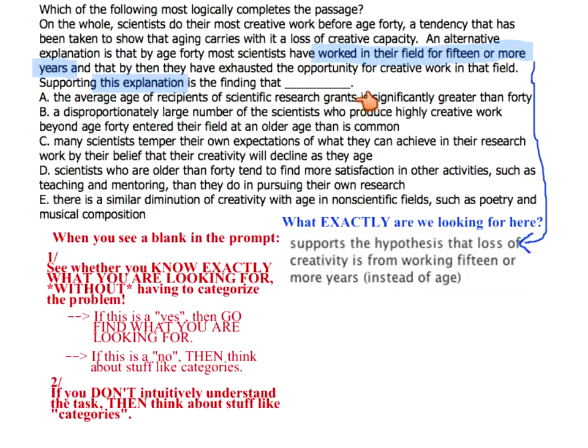And then there's also the problem that research grants are not super closely related to creativity. B, a disproportionately large number of scientists who do produce highly creative work beyond age 40. What is significant about these guys?